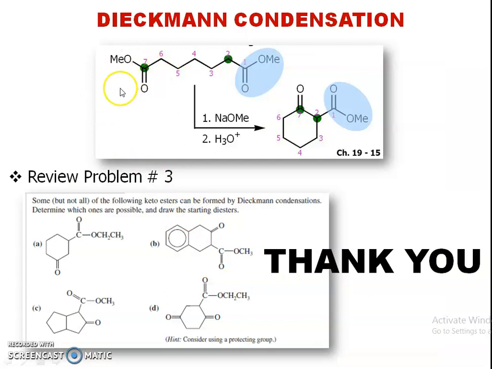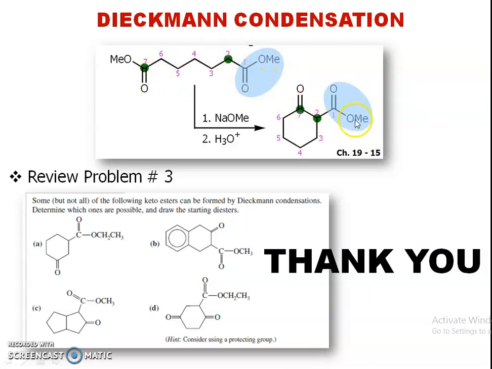And next example, this compound. In this compound you can see this is a diester in the presence of base. It forms a 6-membered ring, and here this alpha hydrogen gets enolized, and this attacks the 7th carbon.